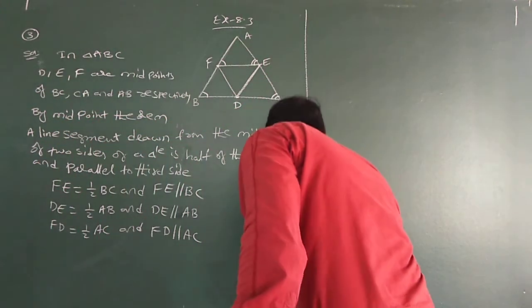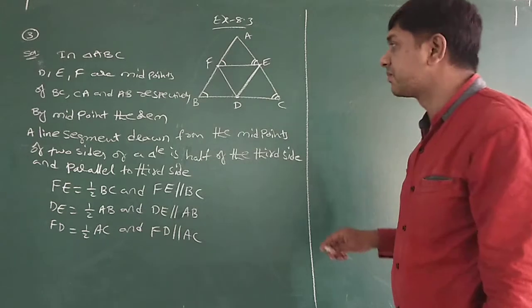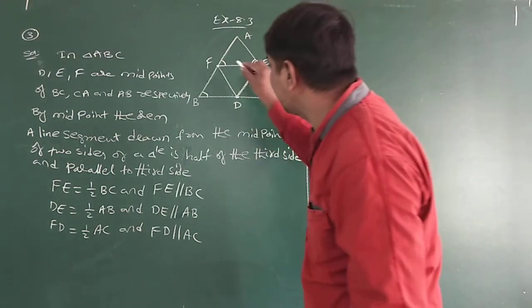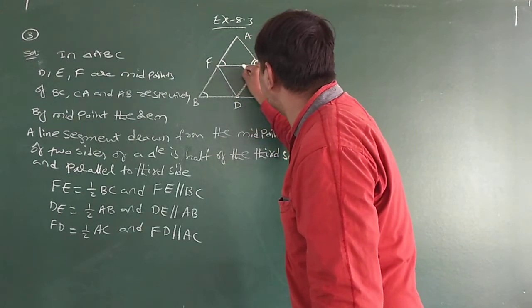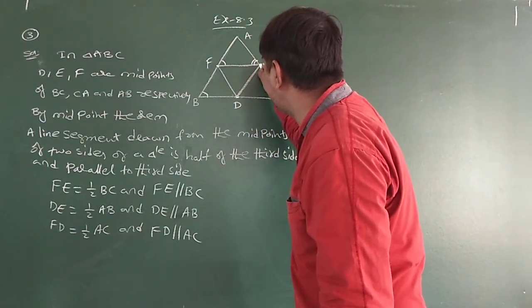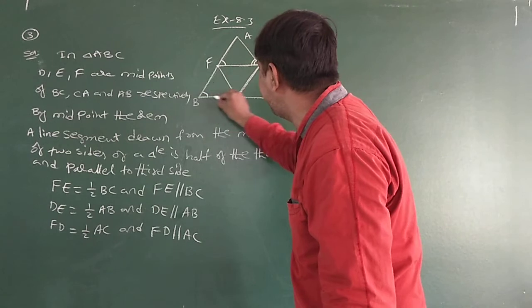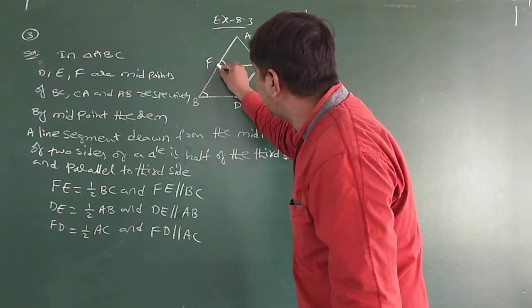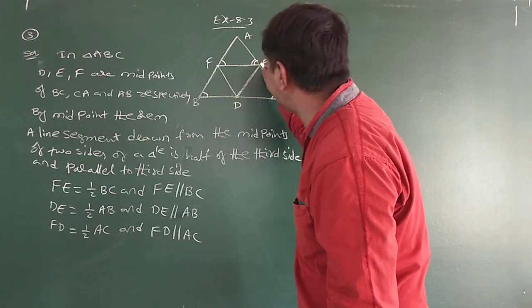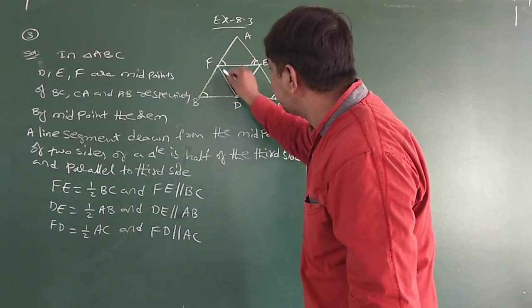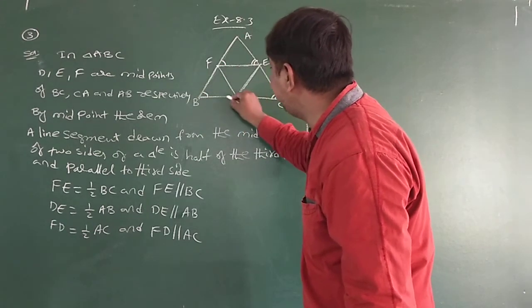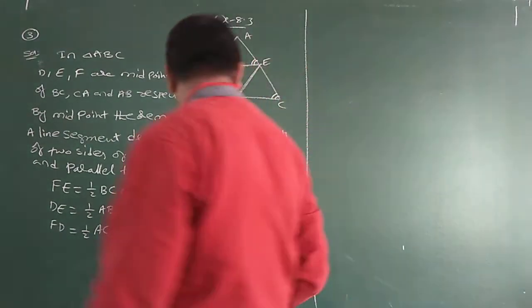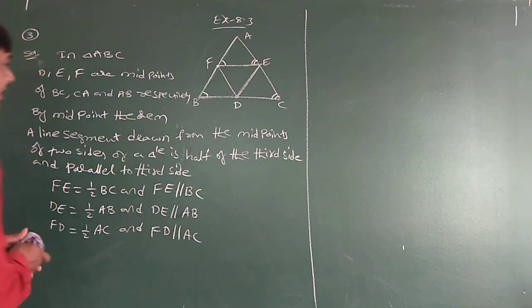Now see here, FE is parallel to BD and FE is parallel to ED. So FEDB is a parallelogram. I will take one condition here.